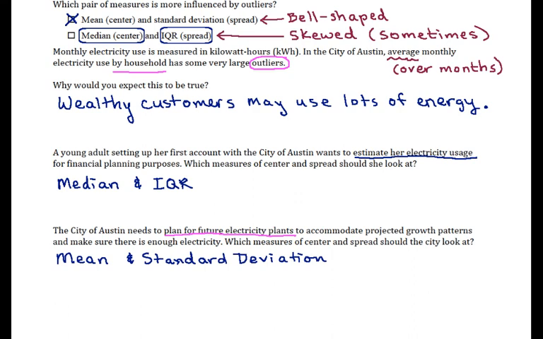So the difference here really is that the City of Austin is affected by outliers. The individual setting up her own account and wanting to do her own financial planning is not affected by outliers, so she doesn't want her calculations to be affected by outliers either.